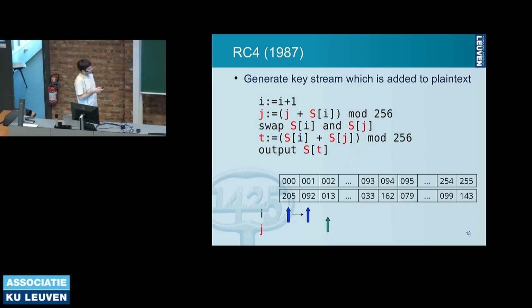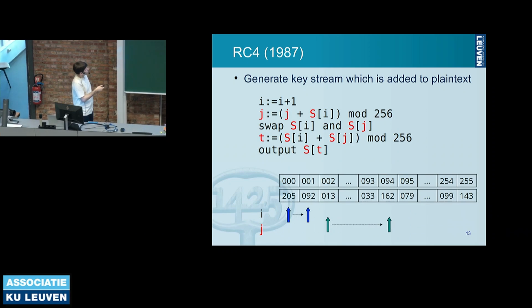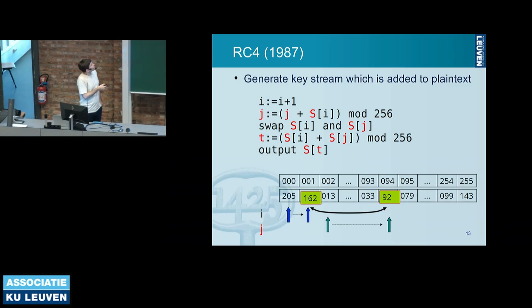We use the index i to look up in our S, combine this with j to produce a new index, and then again we swap. This is the state update. You can think of S as really being the state. So you take the new j and do a swap between these two values. Then based on these two values, we also produce the output.